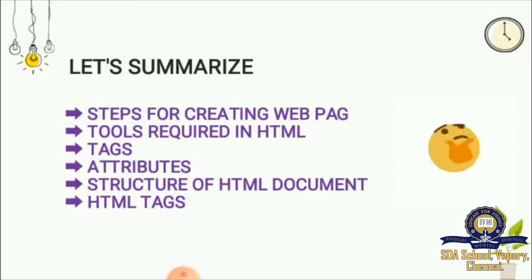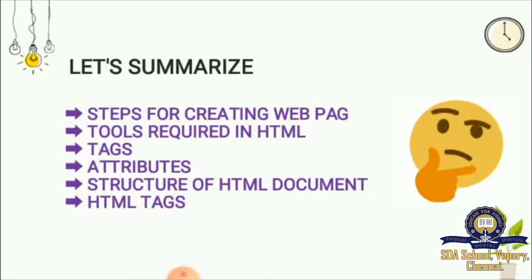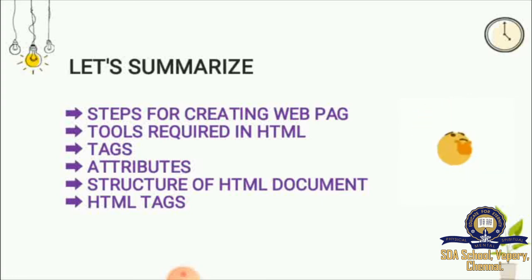Most tags come in pairs. The beginning tag is called the starting tag. The ending tag is called the end tag. The end tag is the same as the starting tag except it has a backslash in the beginning of the keyword. Tags are of two types, container tag and empty tag.